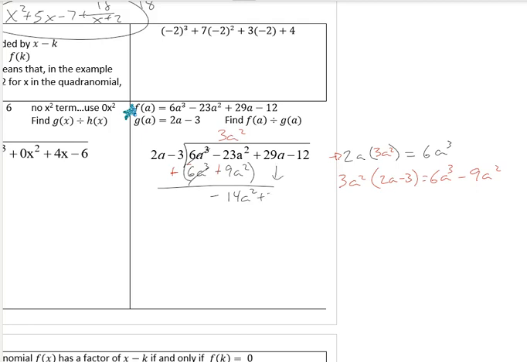Bring down the 29a. Next one. 2a times what equals a negative 14a squared? My answer is a negative 7a. Negative 7a times 2a minus 3 equals negative 14a squared plus 21a.